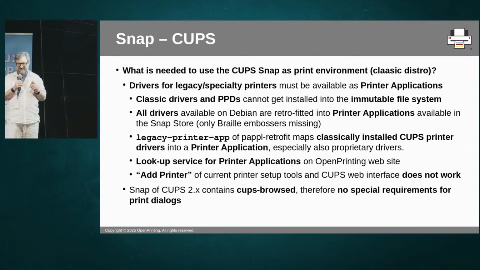But such printers many print dialogues do not list because they use the wrong API of CUPS. And therefore, years ago already, I created cups-browsed, which automatically creates permanent print queues in CUPS for every IPP print destination which is detected on the network. And with this, the print dialogues list all printers automatically. And the CUPS snap of CUPS 2.x, which we have, contains cups-browsed, so you see no difference in print dialogues, they just work with the CUPS snap.